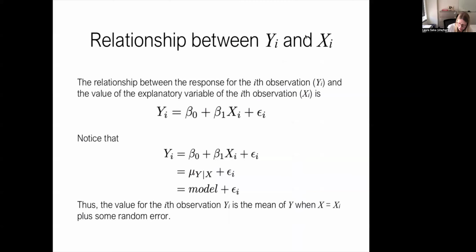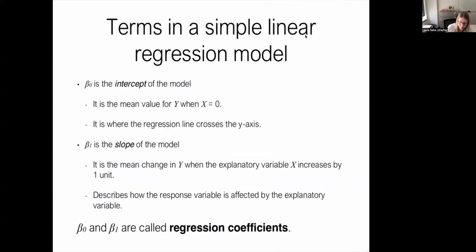And so the relationship between the response y and the value of the explanatory variables can be written like this, where we've replaced the model with that beta naught plus beta 1 times xi. So in this context, beta naught, we oftentimes call that the intercept of the linear regression model.